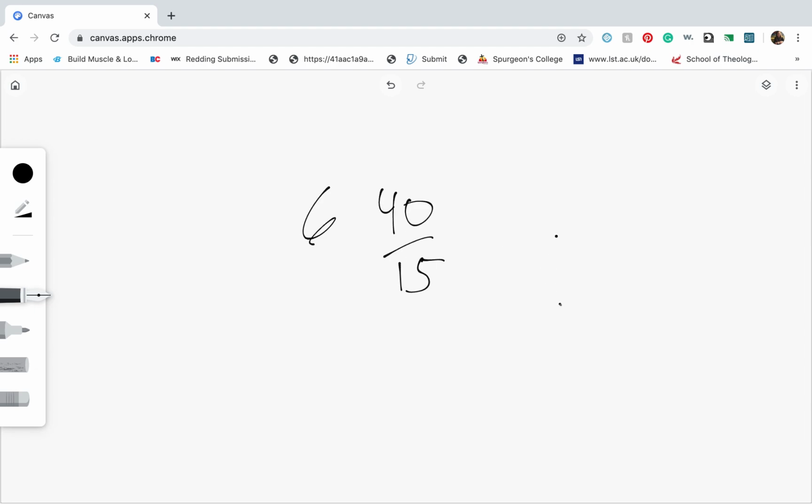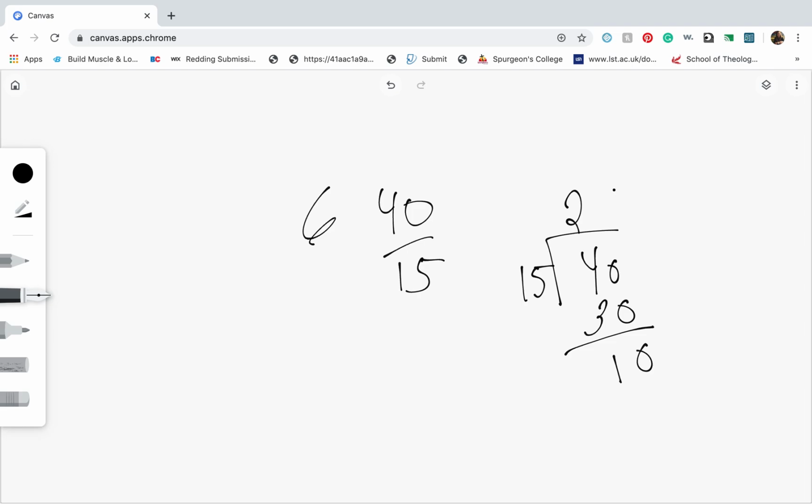Okay, so we're doing the same thing here. We're dividing the numerator by the denominator, because that's all a fraction is. So I know that 15 is going to go into 40 2 times without going over, because 2 times 15 is 30. If I multiply 3 times 15, I would get 45. I subtract and I get 10. I can't divide any more because 15 is greater than 10.